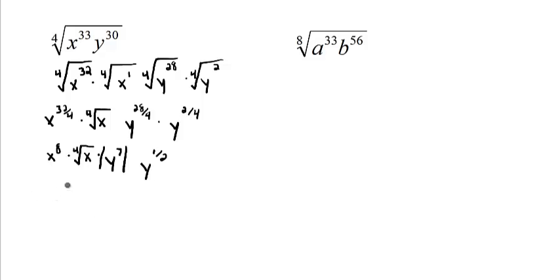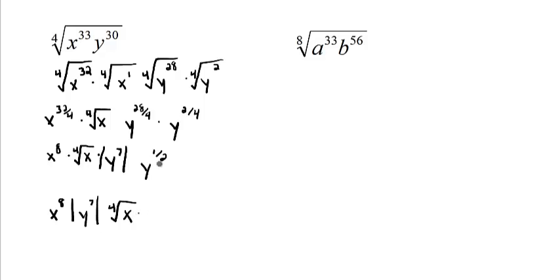Now I'm going to rewrite everything into standard form. Starting off, we've got x to the 8th power, and then y to the 7th, which we want to keep in absolute value bars. Then we're taking the 4th root of x.